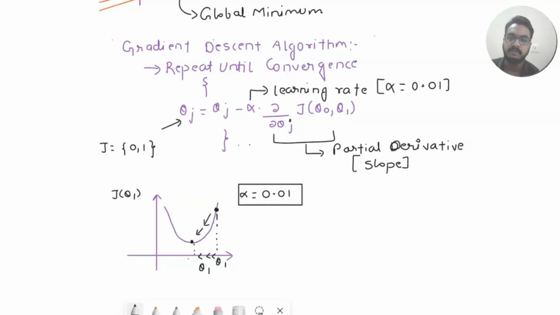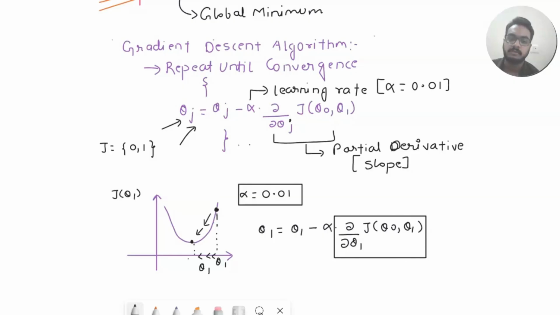If in this expression I take j equal to 1, we get theta 1 equals theta 1 minus alpha times the partial derivative with respect to theta 1 of the cost function. This is the slope, correct? If I plot a tangent at this point, it has a positive slope, so this value is positive.